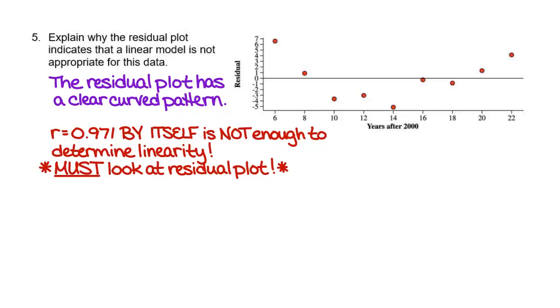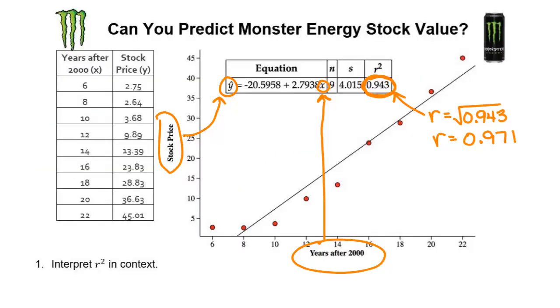So if I look at my original graph, these 2 points are above the line of best fit. The next 3 points, 4 points, 5 points are below the line of best fit. And then we have 2 points that are above the line of best fit again. If I don't have the line of best fit on there, it's going to be hard for me to tell. But with the line of best fit, I can kind of see how the residual plot is going to go.